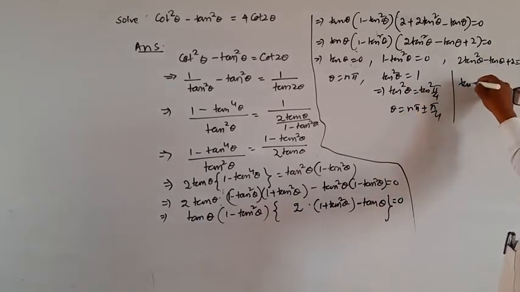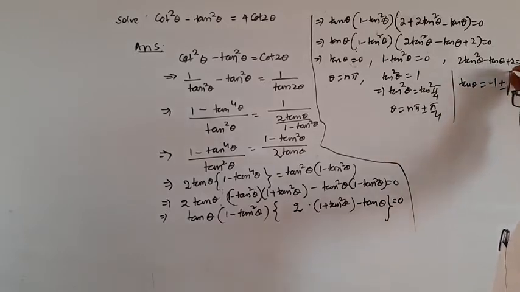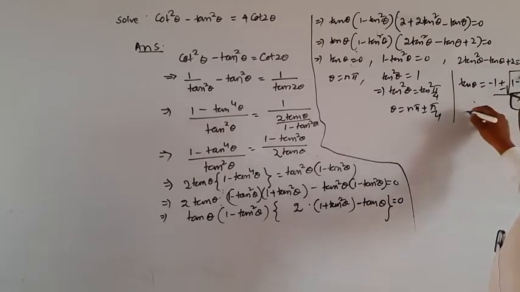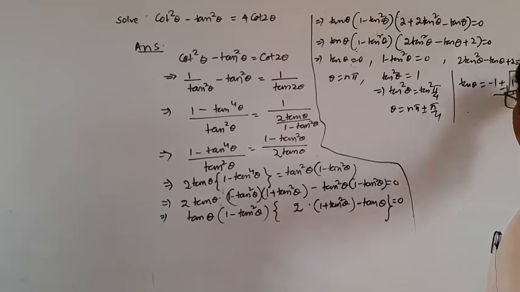For the quadratic, tan theta is equal to minus 1 plus or minus the square root of b square minus 4ac, that is 1 minus 4 into 2 into 2, which is negative, so this is impossible, imaginary.